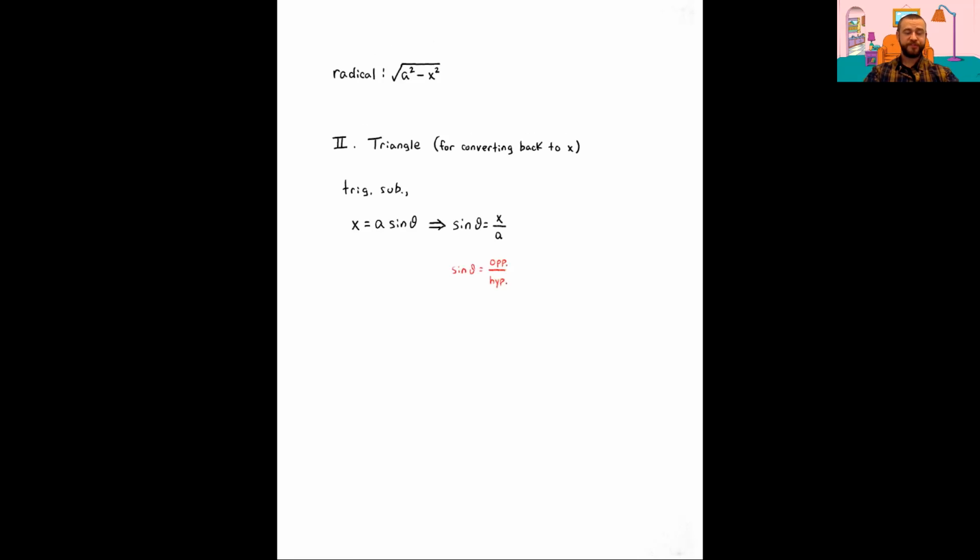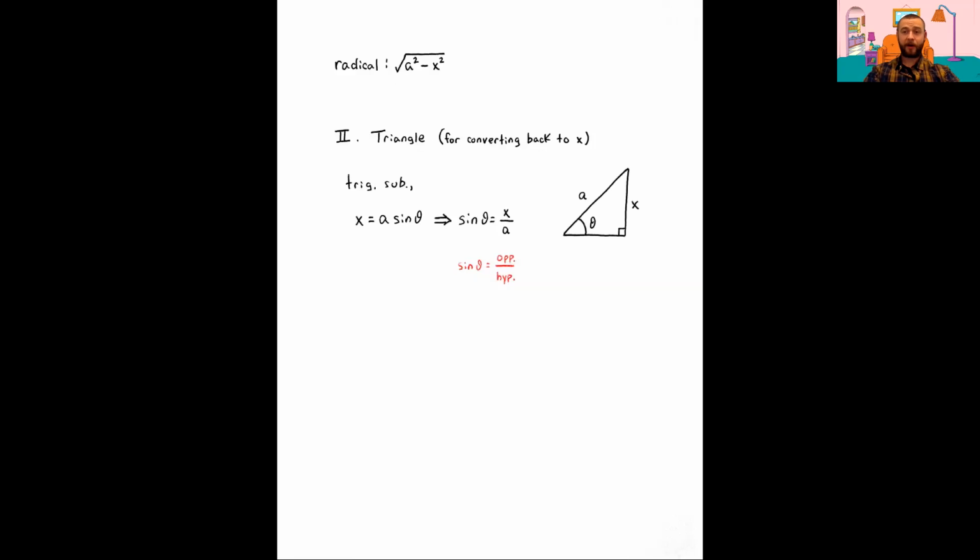So here we can solve for sine of theta. We've expressed it now as the ratio x over a, and we're going to identify that ratio x over a as being the opposite side divided by the hypotenuse. So let's draw a right triangle. Trig's all about right triangles, not about unit circles, sorry.